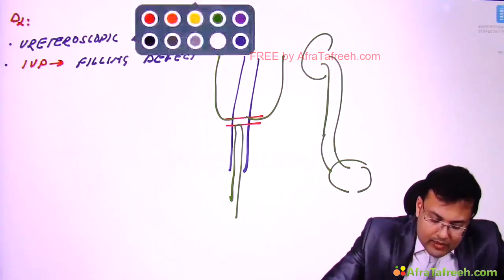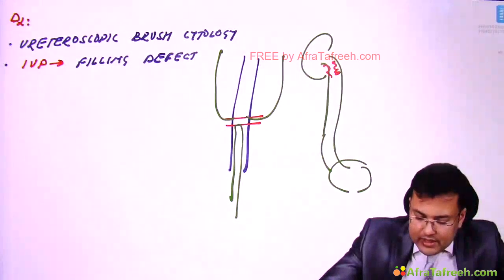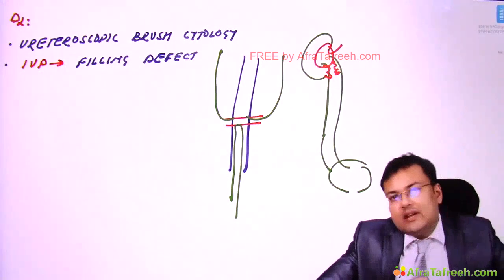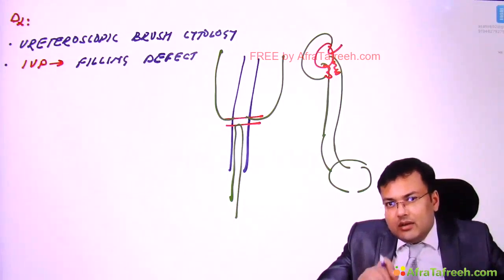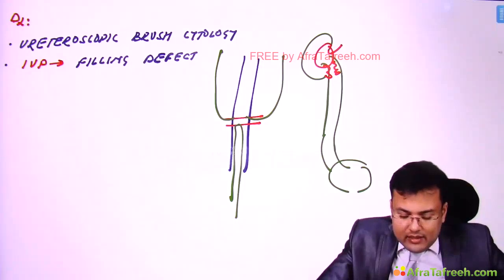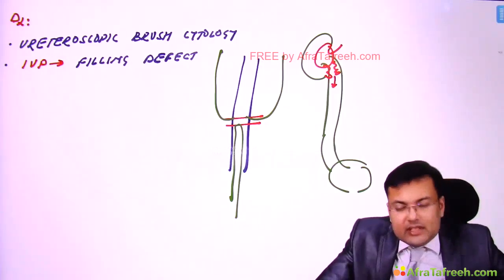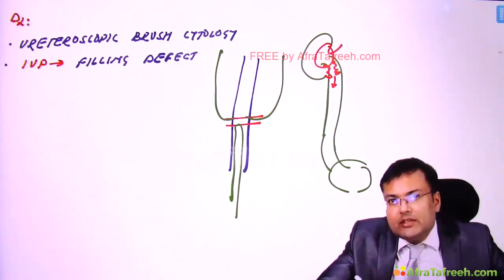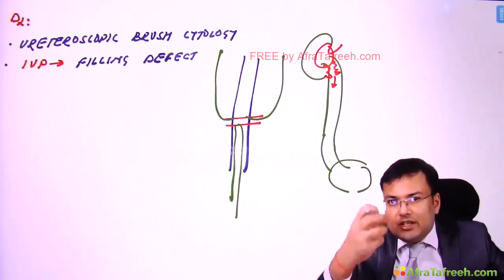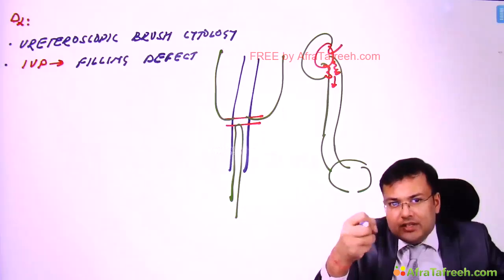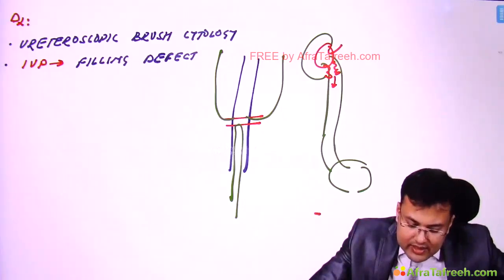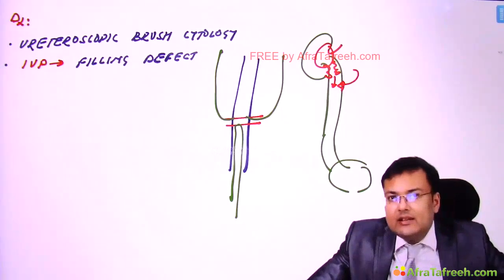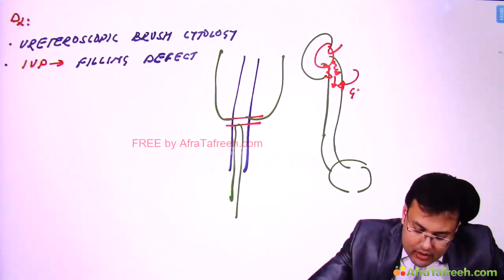Here is the tumor. Obviously this proximal segment will be dilated, but there is an important finding: even the part of ureter which is distal to the tumor is also dilated. Why? Because there is shedding of these cells. So even the distal part is also dilated, and this is known as goblet sign.